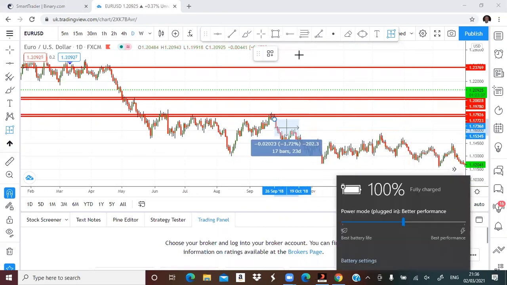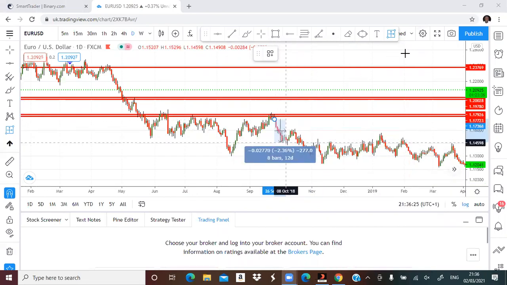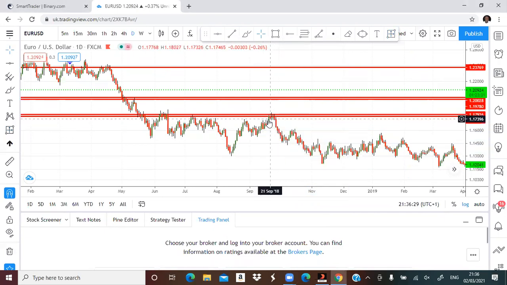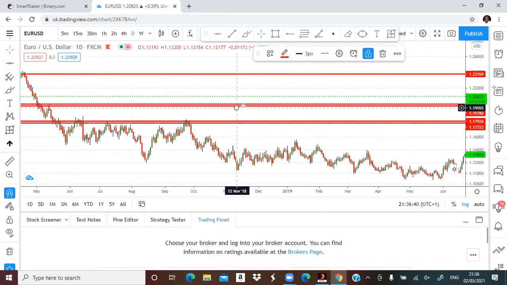So as a price action trader, your goal is to be monitoring the market once it gets to this zone. We are going to talk about the method, how to trade it, in our next class. But for now, our goal is to properly identify this zone. And remember, I told you that the best way to see these zones is using a higher time frame. Remember, this is the daily time frame.